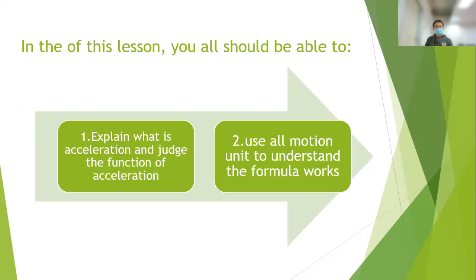In this lesson, you should be able to explain what acceleration is and judge the function of acceleration. You should also be able to use all the motion units to understand how they work in the formulas.